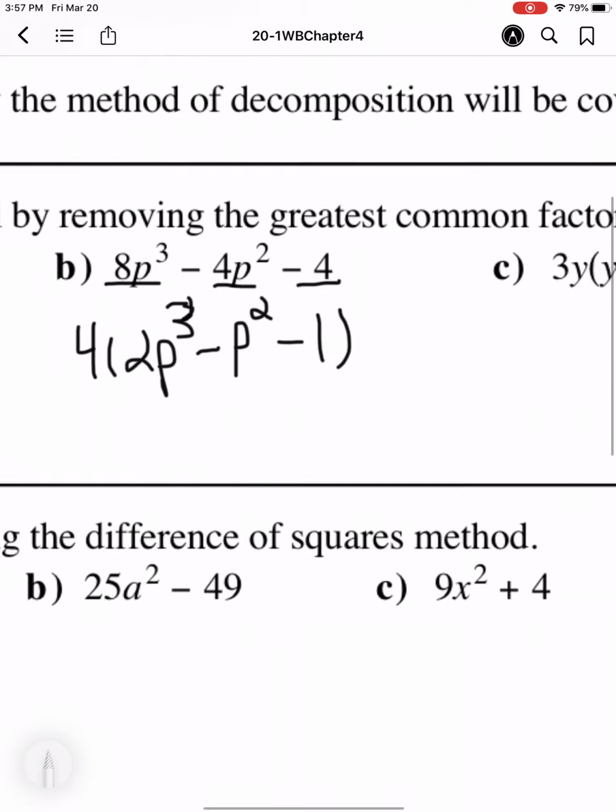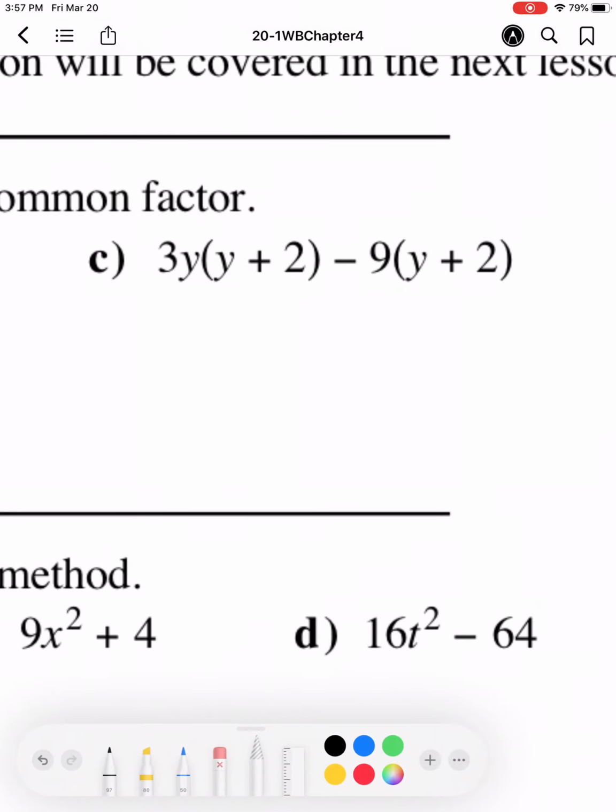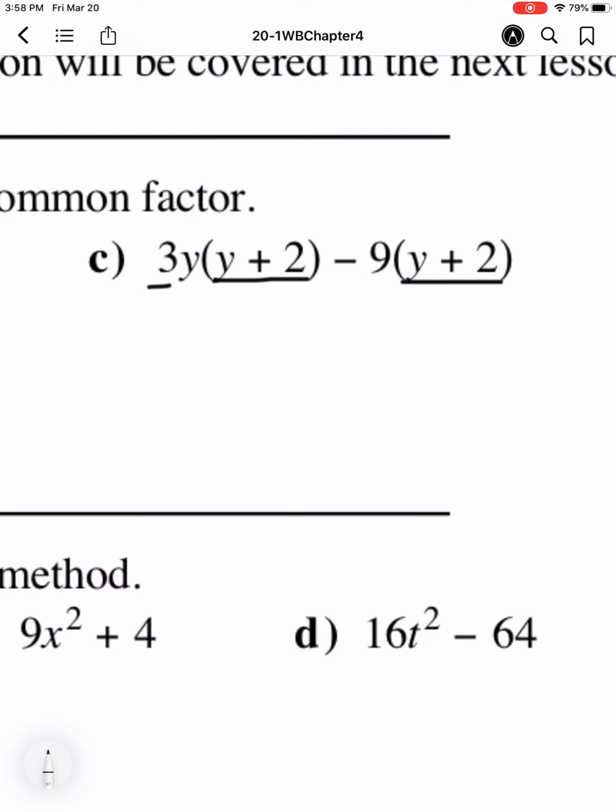All right, let's move on to C here. Again, we're going to look and see what is the same in both those terms. You should notice that in both those terms we have a y plus 2, and we have a 3 that can be factored out. There isn't a y in the front of both of those, so we're going to factor out both 3 and y plus 2 at once. So 3 and y plus 2 get left in front. Then we see what's left over.